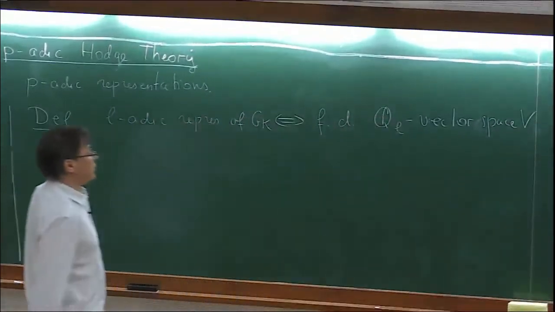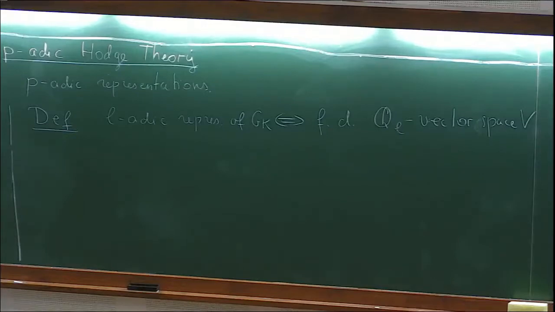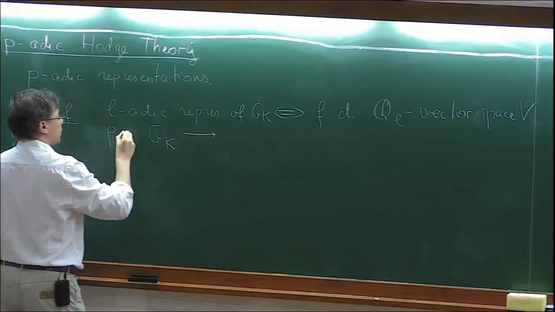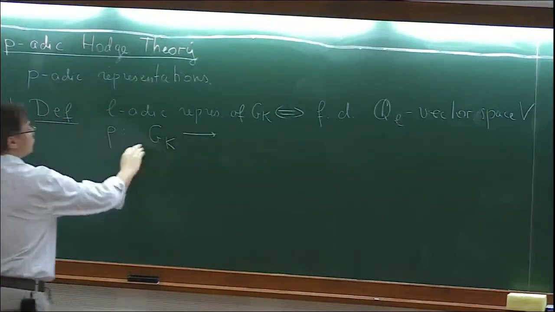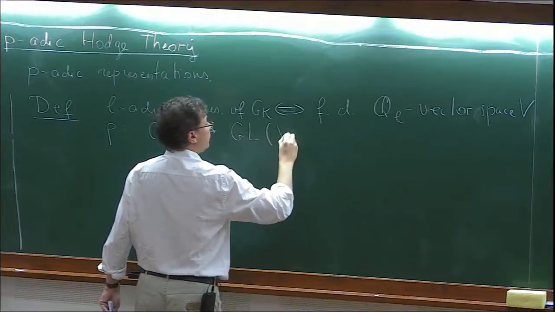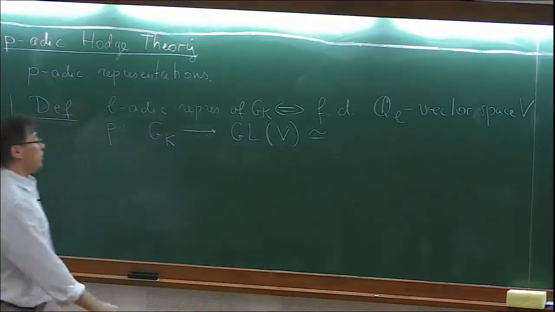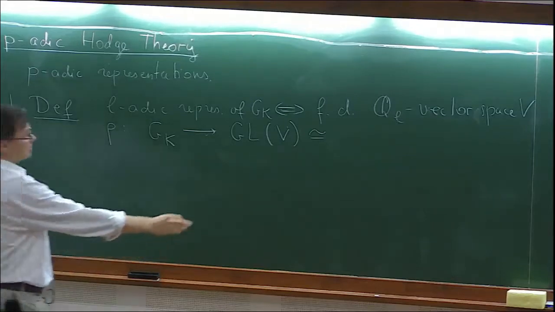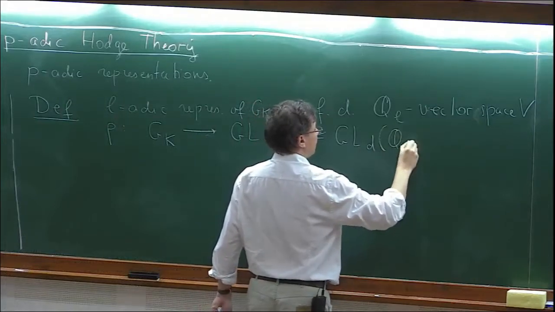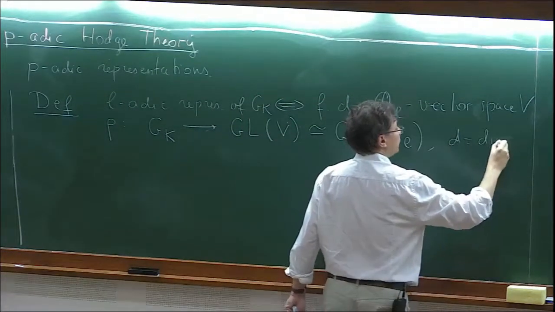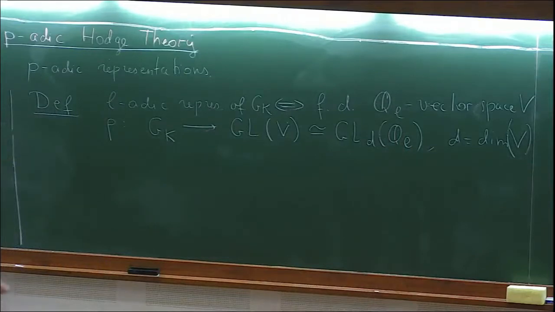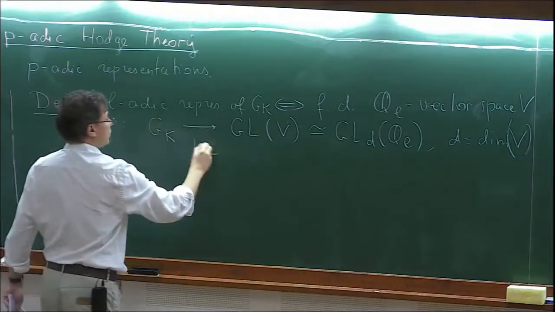V equipped with a continuous linear action of the group G_K, which can be written as a continuous homomorphism from G_K to the group of automorphisms of V, which is isomorphic, once we fix a basis of V, to GL_d of Q_l, where d is the dimension of V. This map is continuous by definition.